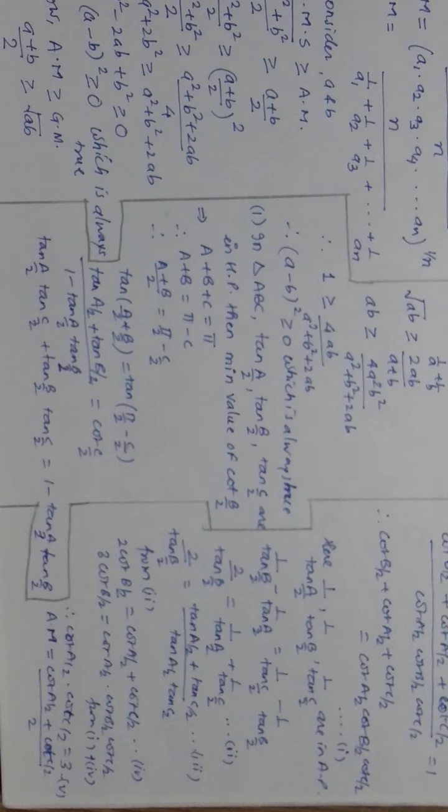And the geometric mean I am also writing here, so the geometric mean will be equal to under root cot A by 2 into cot C by 2. Got it? So here what you get is, hold on.